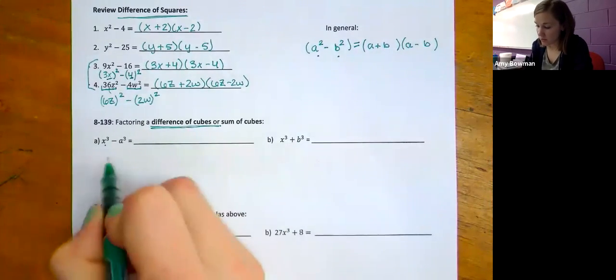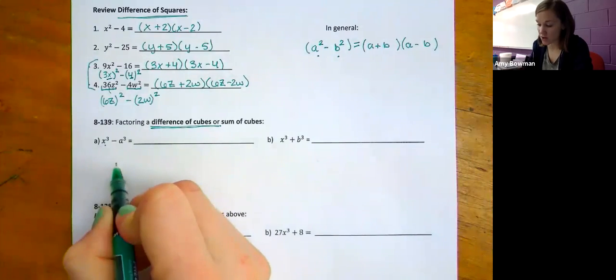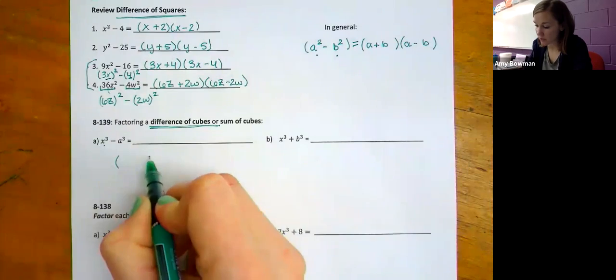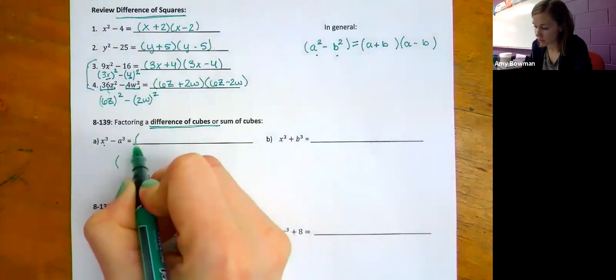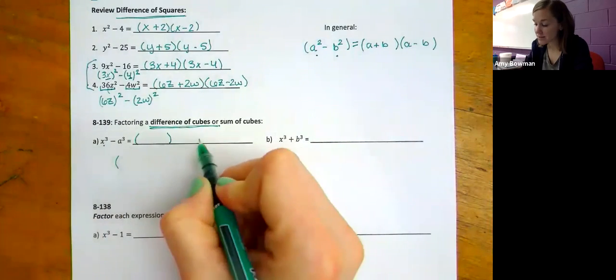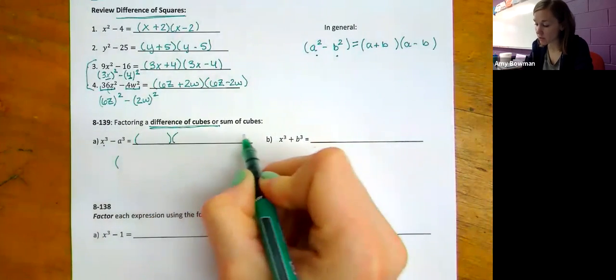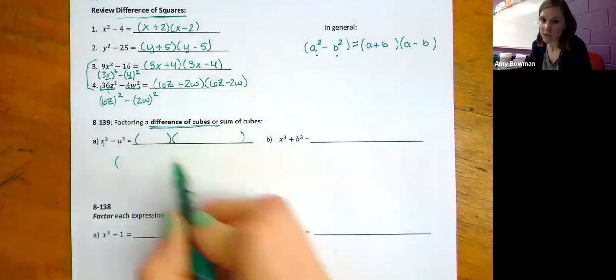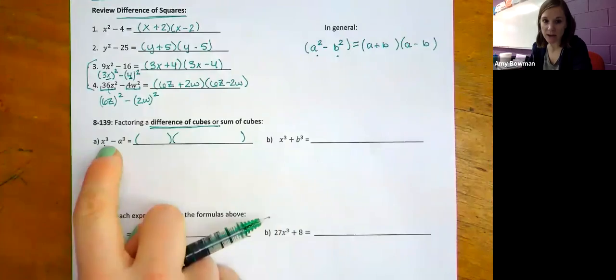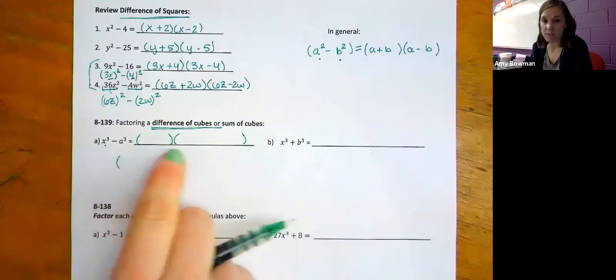These factor into two factors. The first factor, I'll just write it right here, has two terms only. It's a binomial. The second factor is a trinomial, meaning it has three terms. So any difference of cubes is going to factor this way: two terms and then three terms.